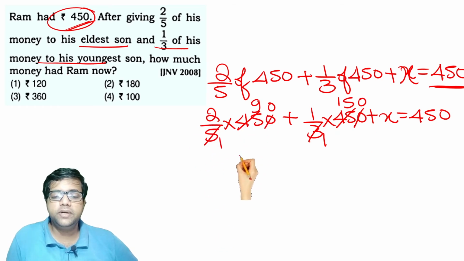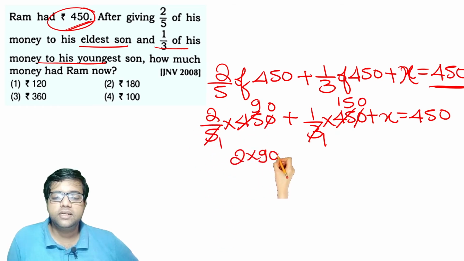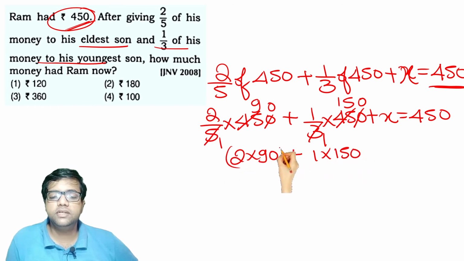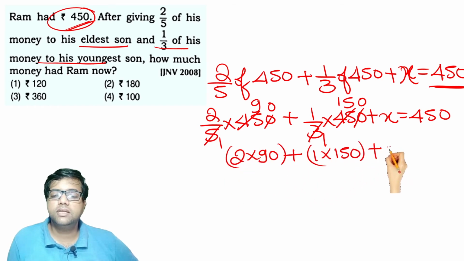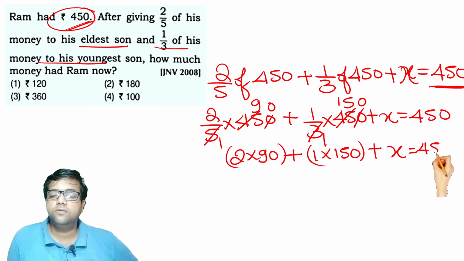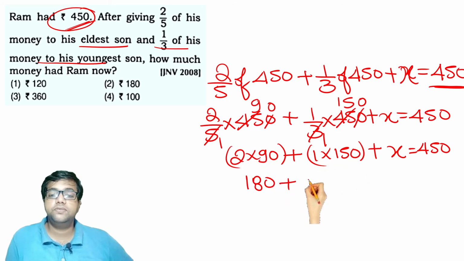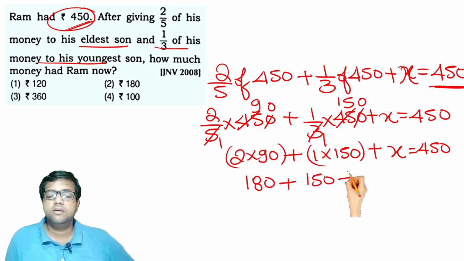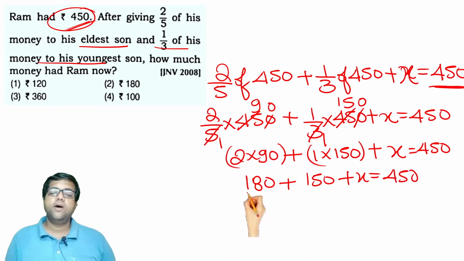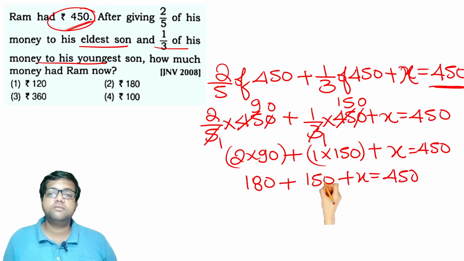So you get 2 into 90 plus 1 into 150 plus X is equal to 450. So multiply them, you get 180 here, 9 2s are 18, plus 150 is 150, plus X is equal to 450.